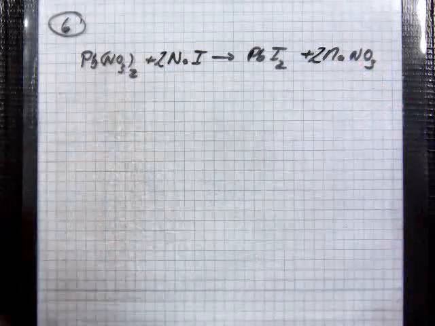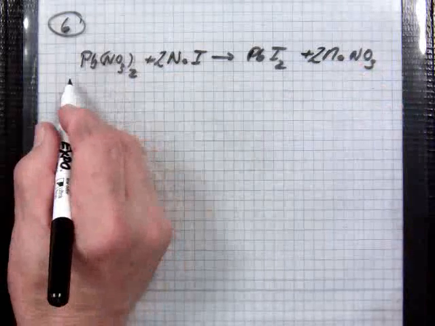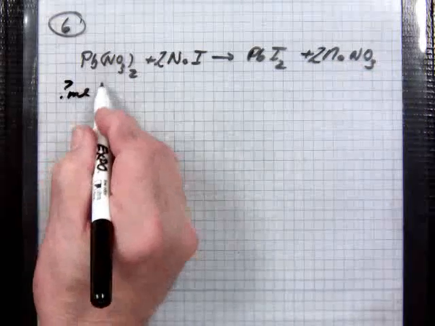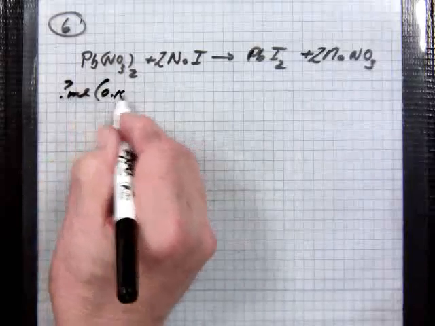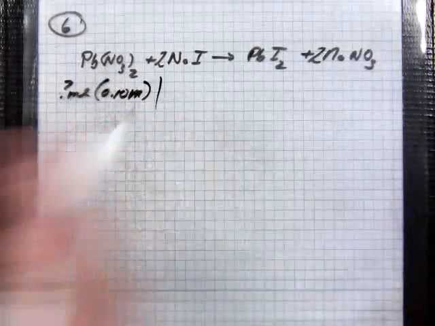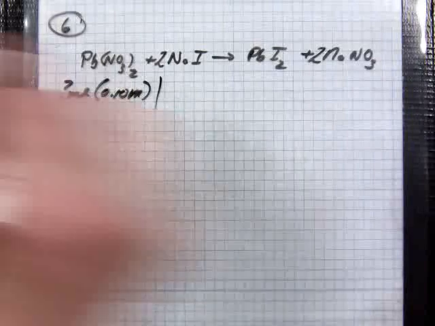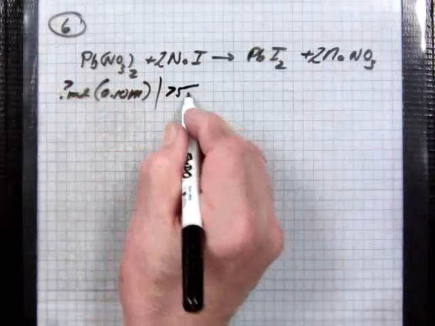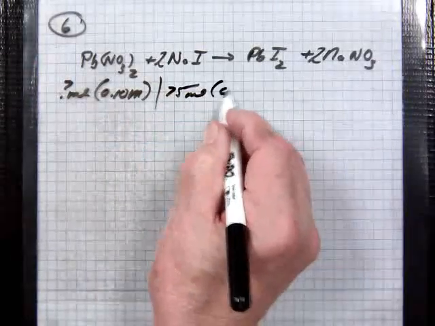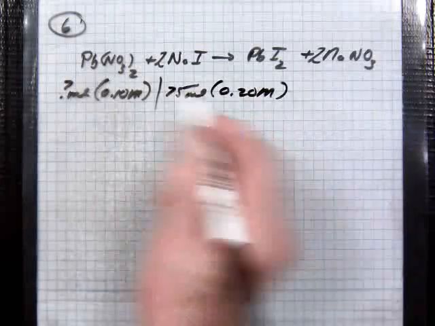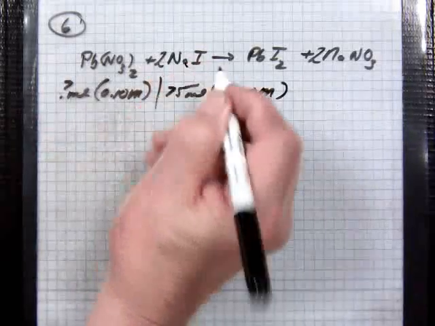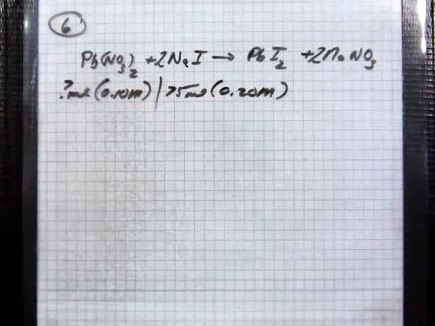Okay, and then we start putting in our data, and the question is how many milliliters of the 0.10 molar lead nitrate will react with 75 milliliters of the 0.20 molar sodium iodide in this case.